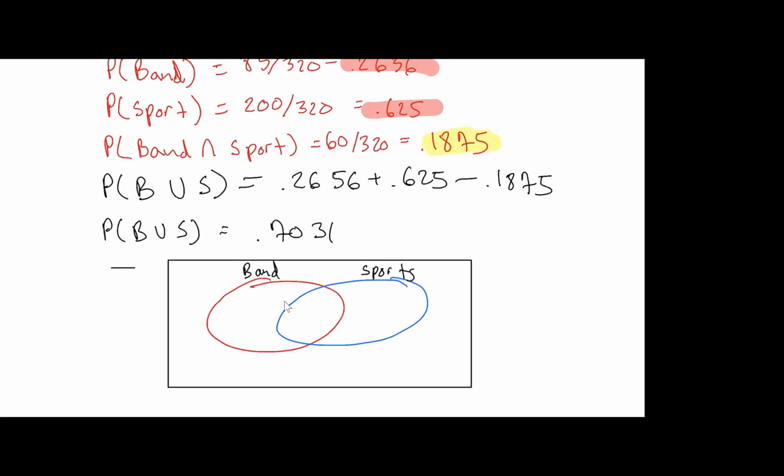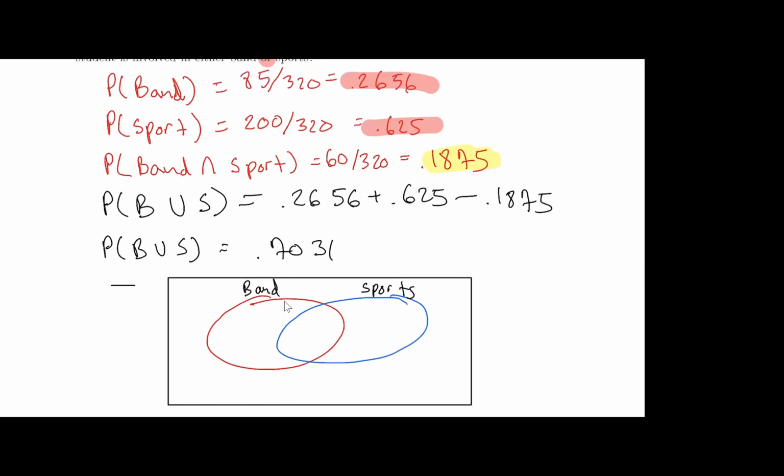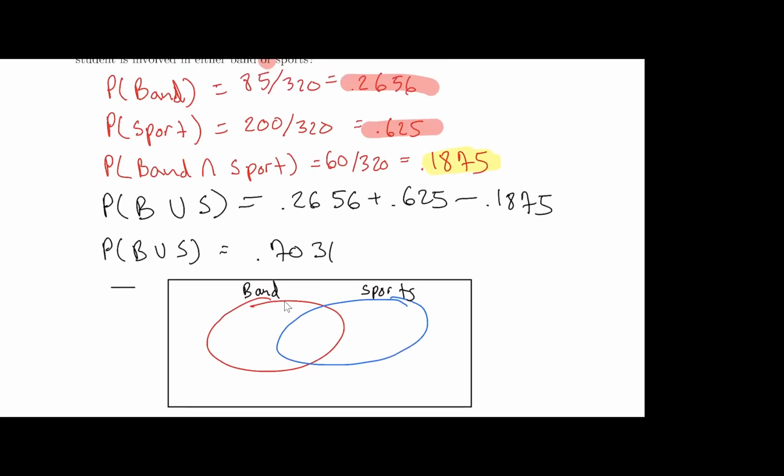How many students participate in band and in sports? 0.1875. Well, right now, just give me the actual students. 60.